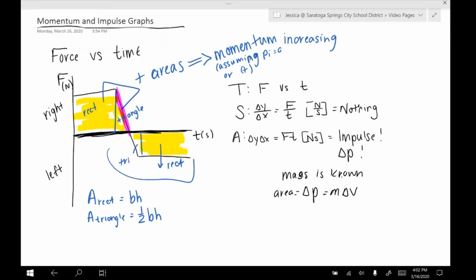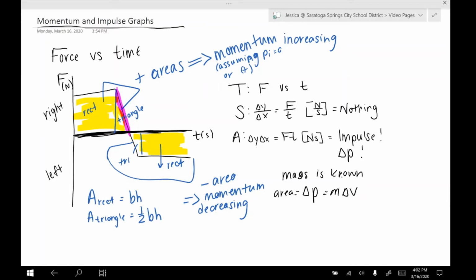And then here in this bottom section, that's considered negative area, so negative impulse, which means in that section our momentum is going to be decreasing. If the positive area equals the negative area, then we have a total change in momentum of 0.